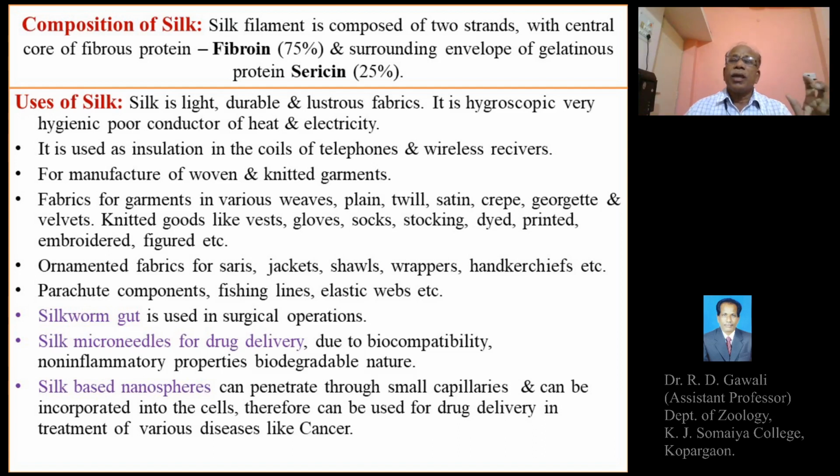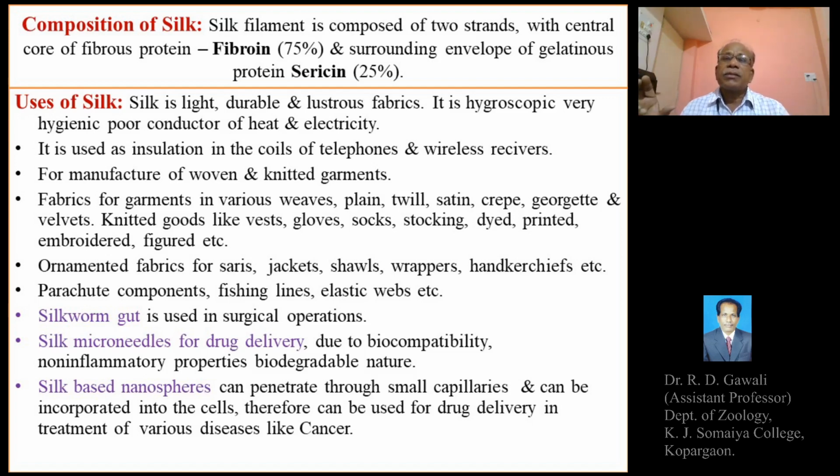Since it is a poor conductor of heat and electricity, it can be used as an insulation in the coils of telephones and the wireless receivers. Then it is also used for the manufacture of woven and knitted garments in the textile industries.